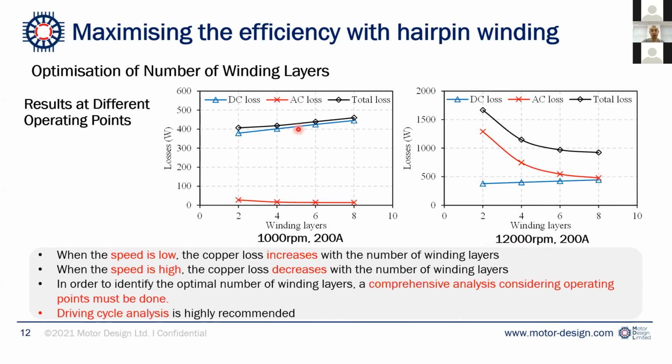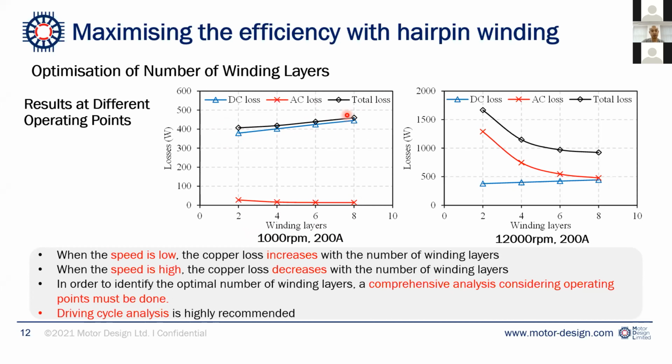For example, at low speed, we can see that with the increase of the winding layers, the DC loss increases significantly, while the AC loss decreases slightly. But as the DC loss is dominating at low speed, the total loss will even increase with the increase of winding layers.